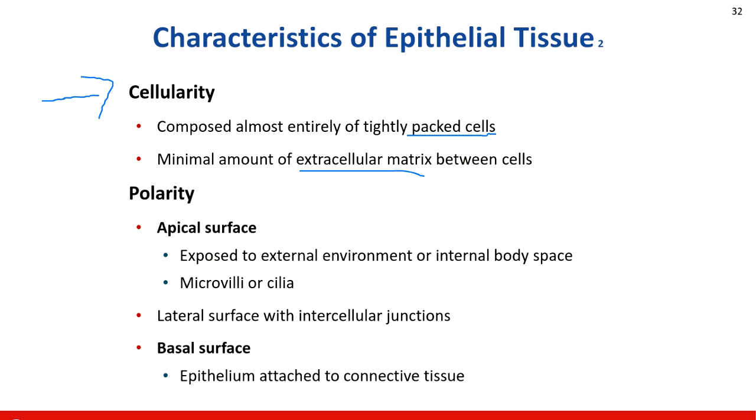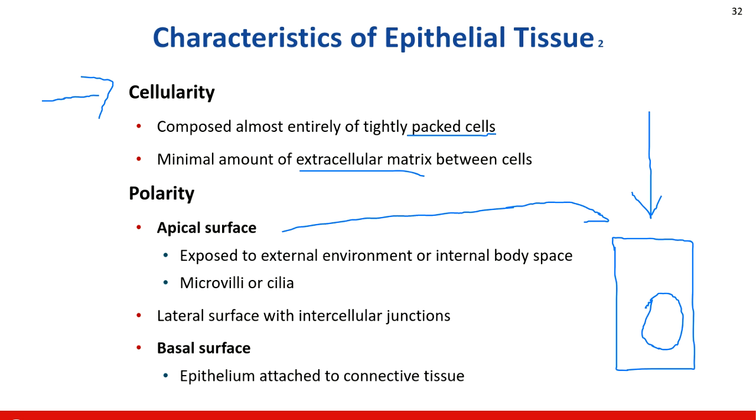Here's a traditional columnar cell. The top portion of the columnar cell is referred to as the apical surface, or region, and the bottom portion is referred to as the basilar surface or basilar region.